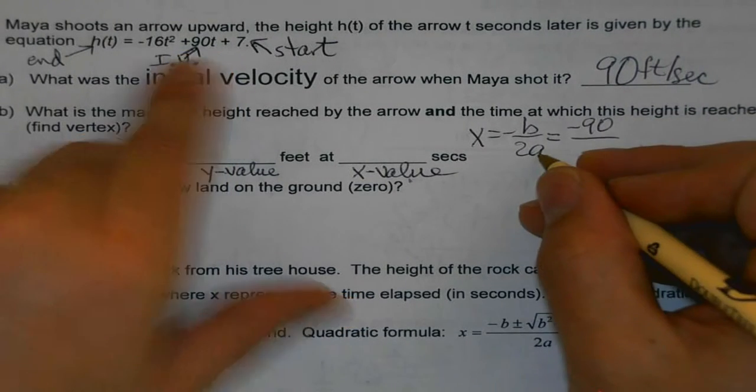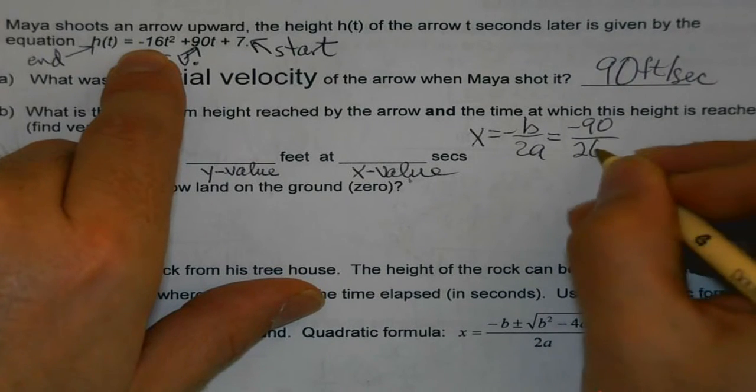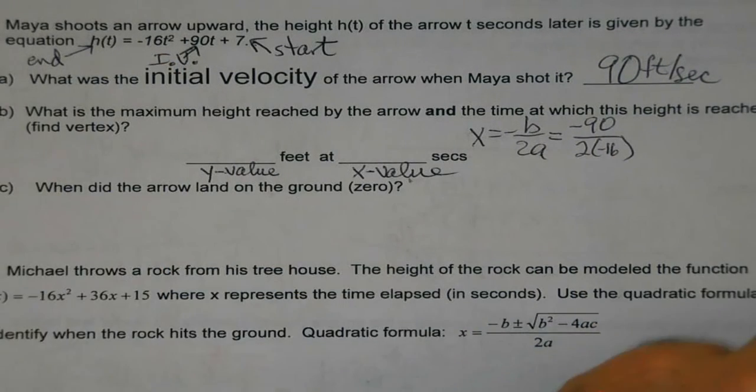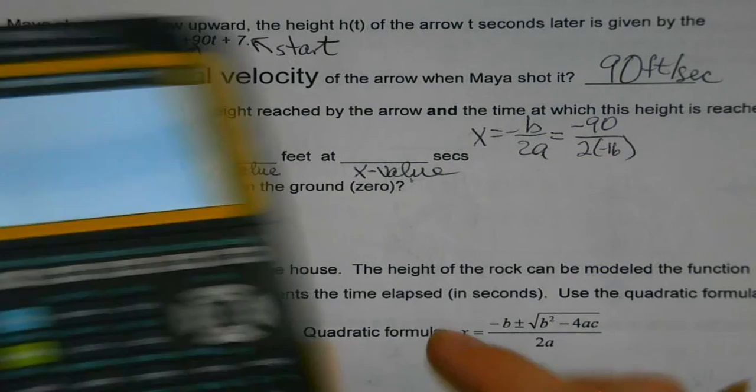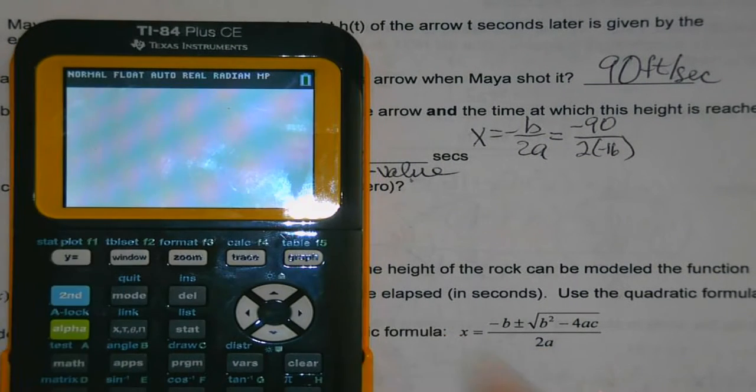And then 2 over a. My a is negative 16. So let's punch that in, and let's see what our x value is here. So negative 90 divided by, use parentheses, 2 times negative 16. Is that right? Yep.